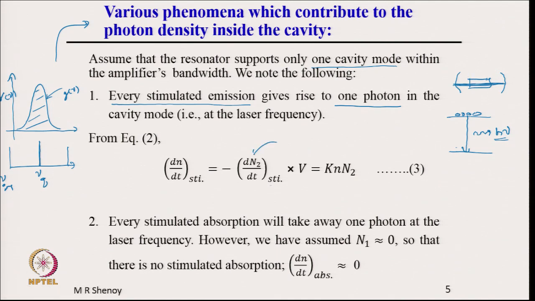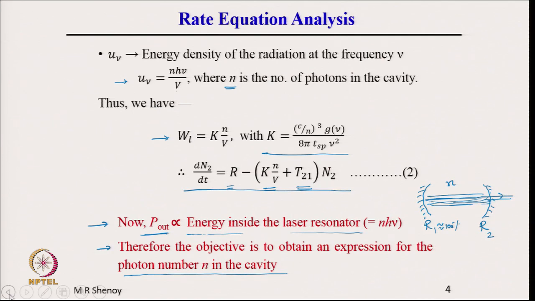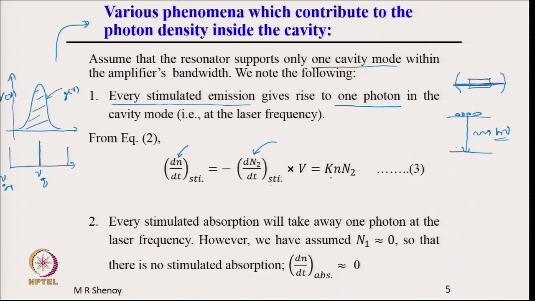N2 by definition is the number of atoms per unit volume. N is the number of photons in the cavity irrespective of the volume, and that is why we have multiplied by volume. And this stimulated emission term is k into N by V multiplied by V, which is k into N into N2. So, that is what is written here: equal to k into N into N2, equation 3.